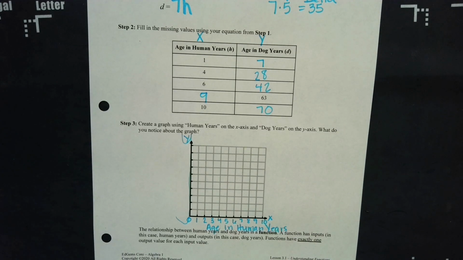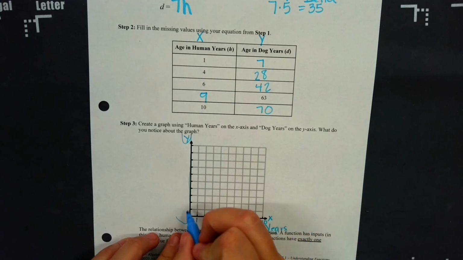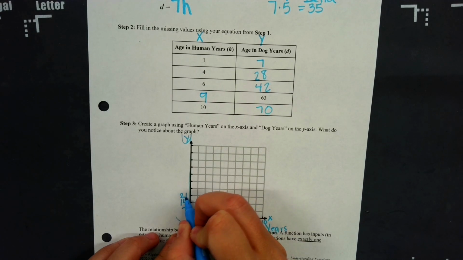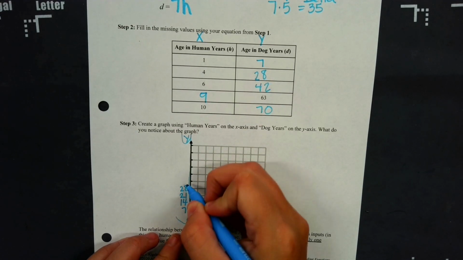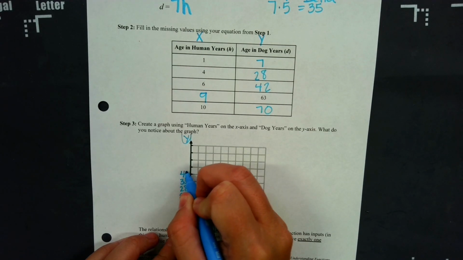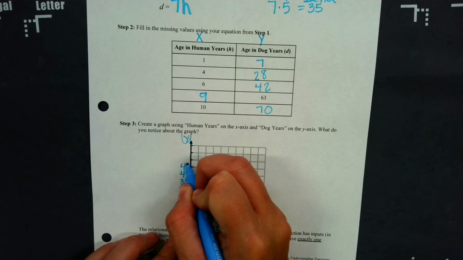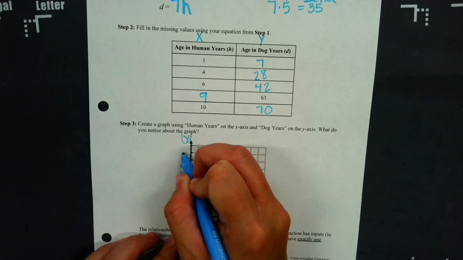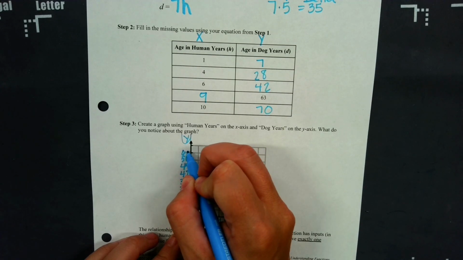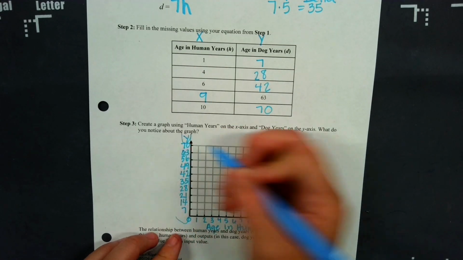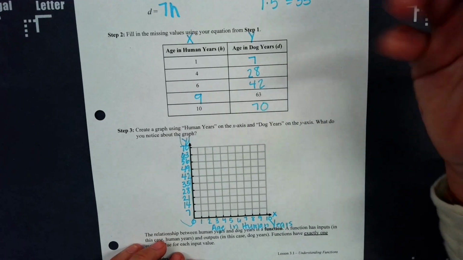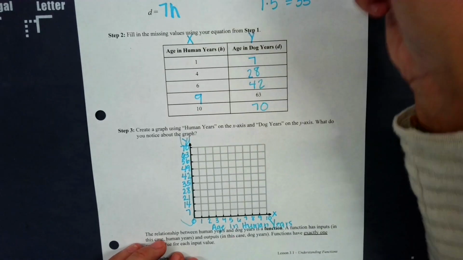If I go by 7s, I have to stay going by 7s. And what should the label be for my y-axis? Age in dog years.